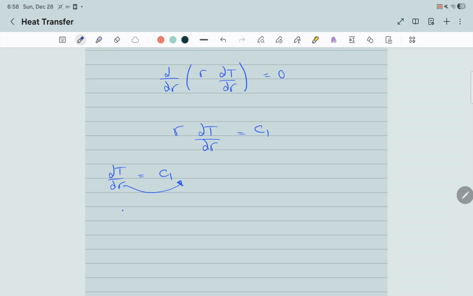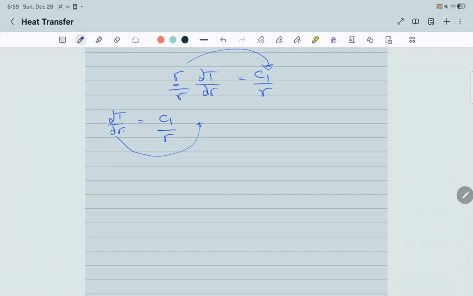Let me erase this. So this r here went to this side, divided by r. Now, I'll take this dr to the other side, which will look like dT equals C1 over r dr.